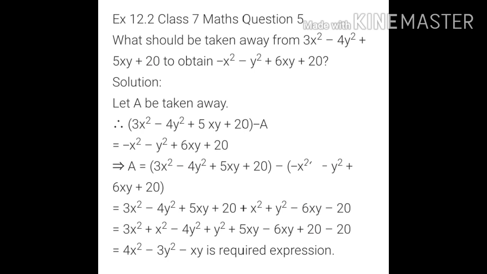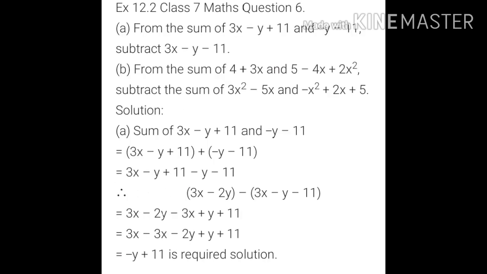Children, be very careful with the change of signs. Now, sixth question. From the sum of 3x minus y plus 11 and minus y and minus 11, subtract. Whatever will be the sum of these two, we have to subtract it from 3x minus y minus 11. So let's see the first step, that is the sum of these two.